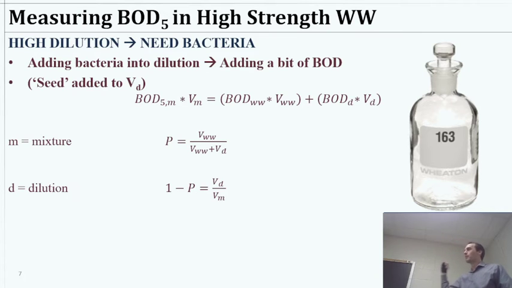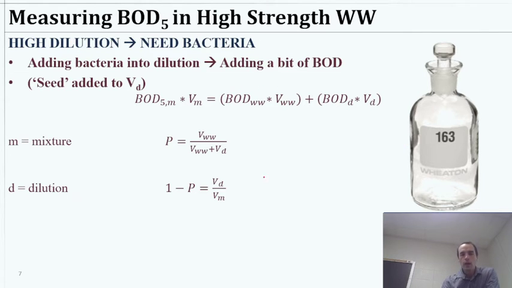So inevitably, when we add this dilution volume, the dilution itself, when we seed it, is going to have some BOD. So now we need to distinguish that. And it's just a bit of algebra, but we're going to go through it to make sure that we can see it all clearly and understand what we're doing with this type of problem, to get a careful analysis.